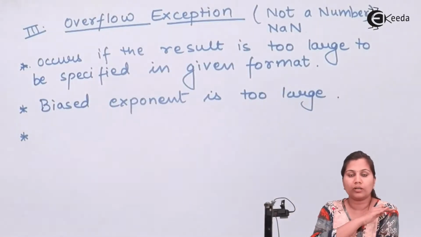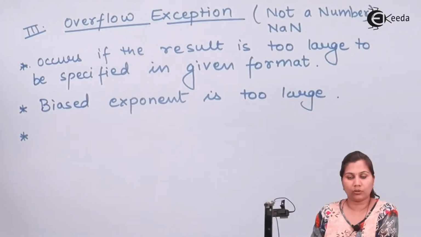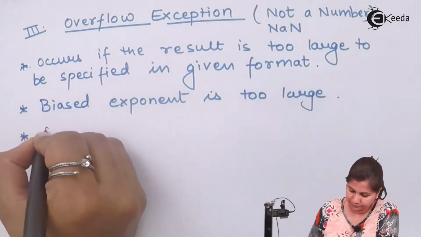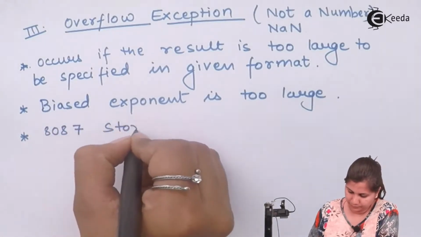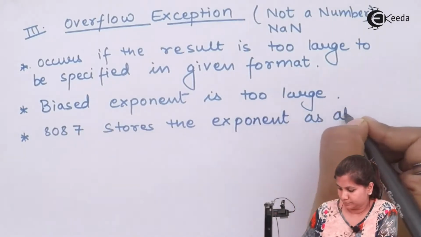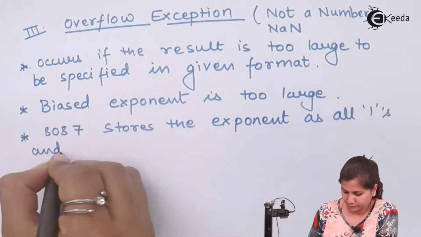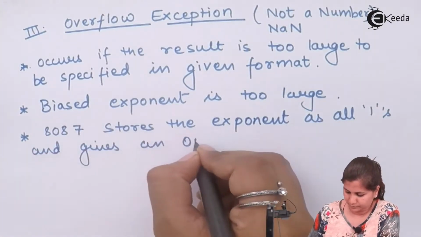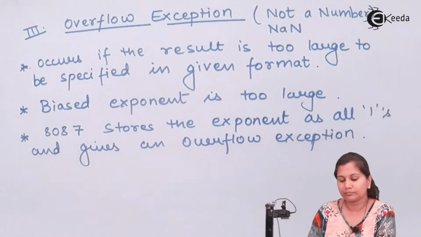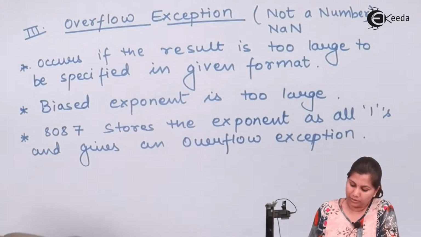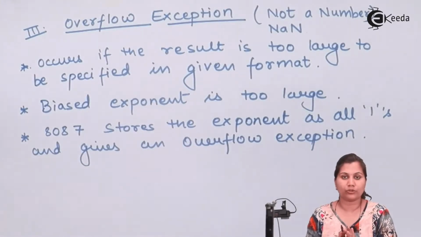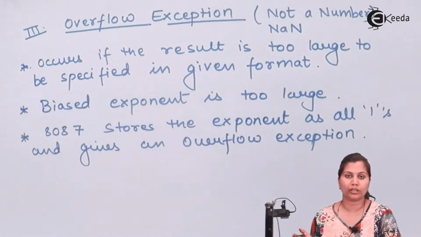In underflow, the exponent was made all 0, but in overflow, it is made all 1.